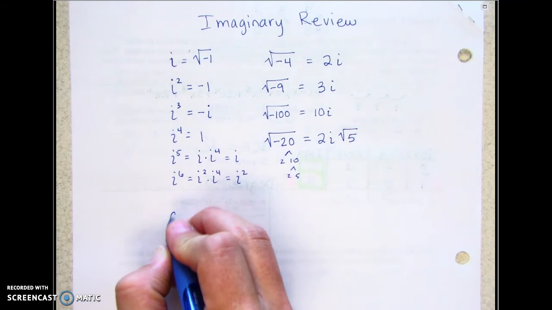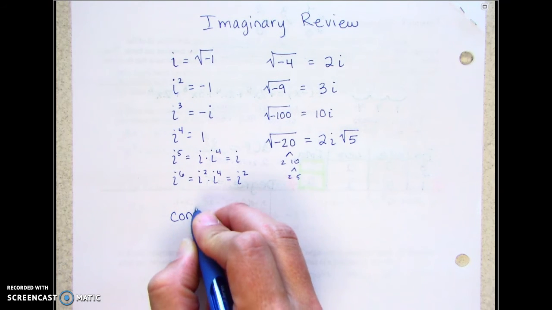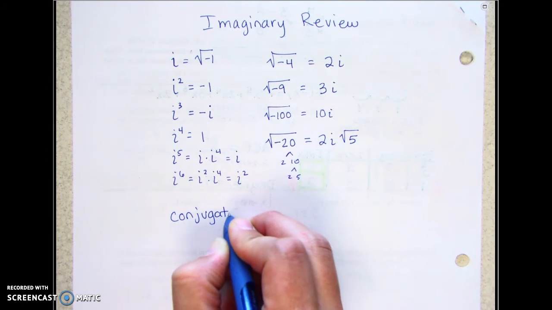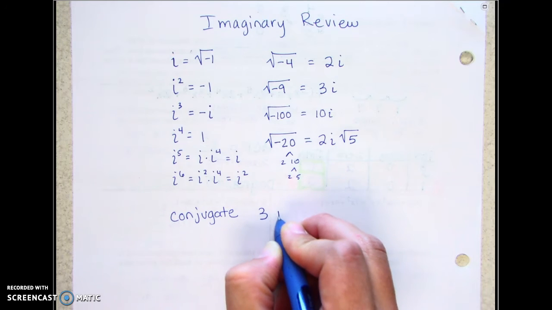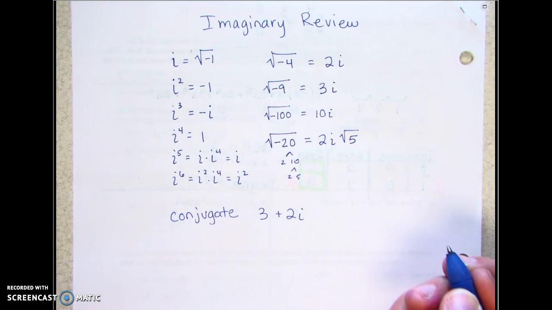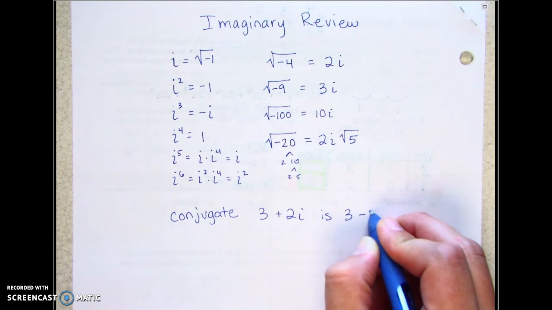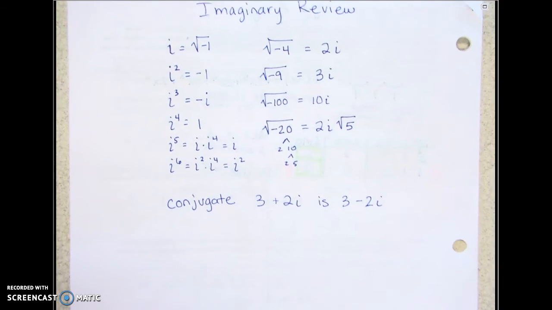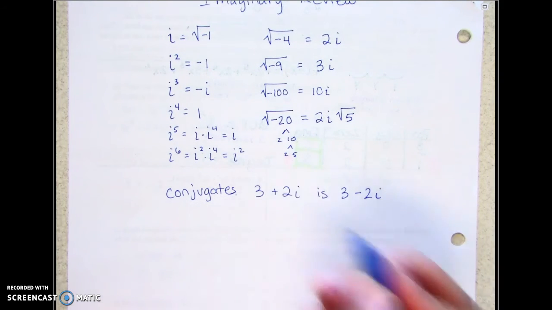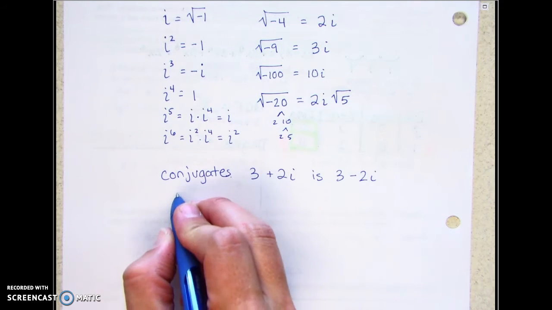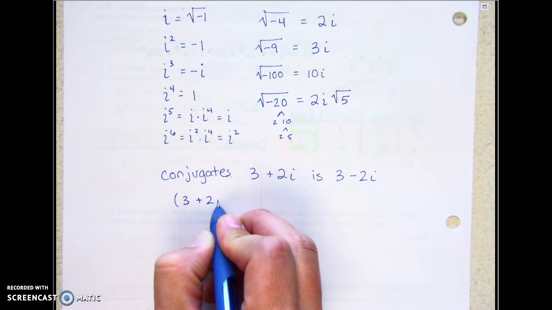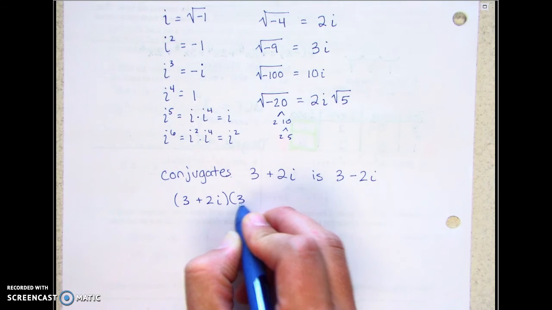Another thing, conjugate. I already told you that. What's the conjugate of 3 plus 2i? It'll be 3 minus 2i. Okay? Conjugates. Why are they called conjugates? Because watch what happens when we multiply them. 3 plus 2i times 3 minus 2i, something magical happens.